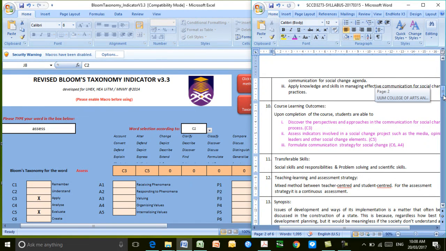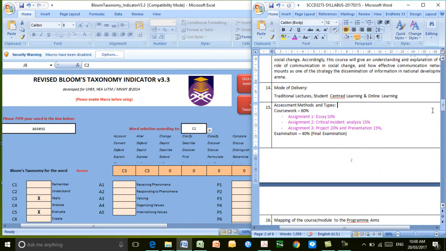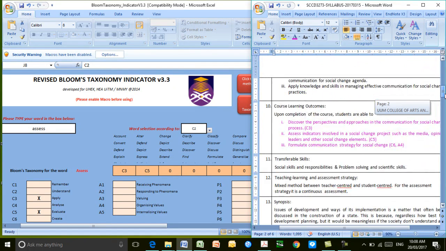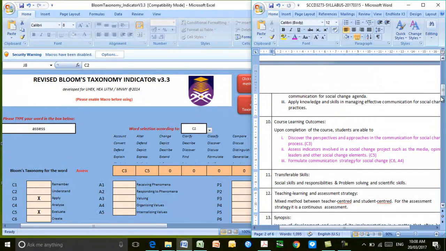The second part that Bloom taxonomy contributes to our syllabus development is item number 15, which is about doing the assessment.